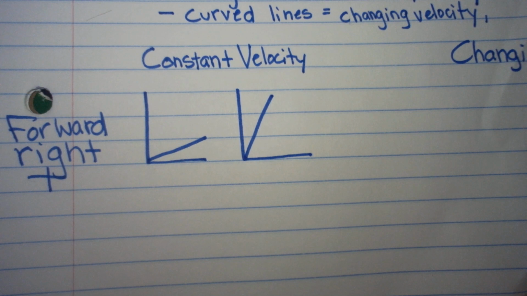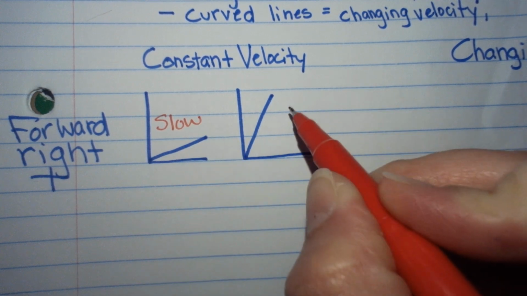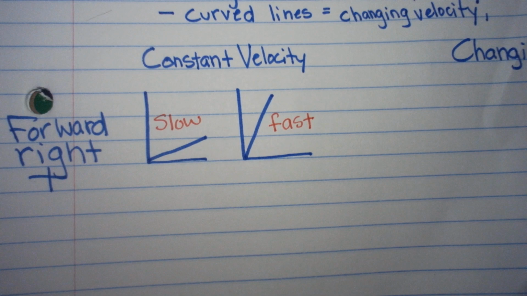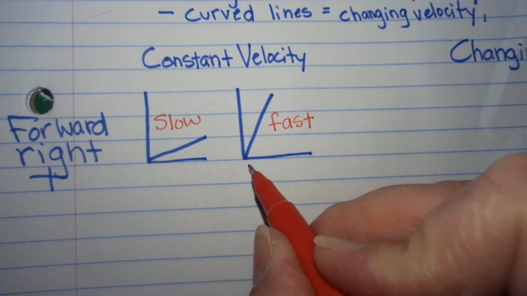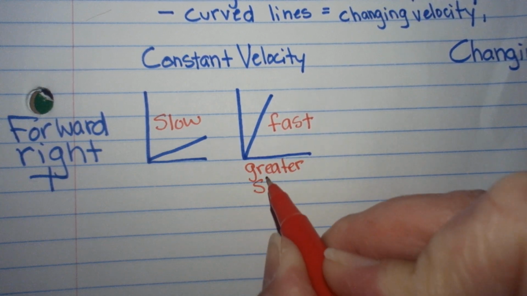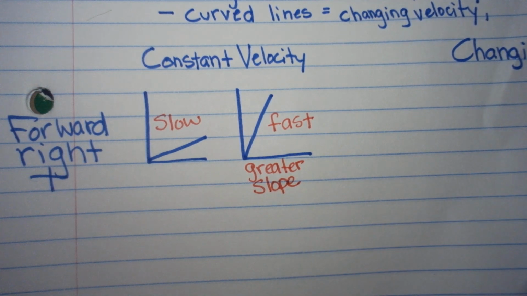They're both going what? They're both going forward. They're both going right. This one is slow. This one is fast. They're both straight lines. But notice this one has a greater slope. So it's steeper. Okay?